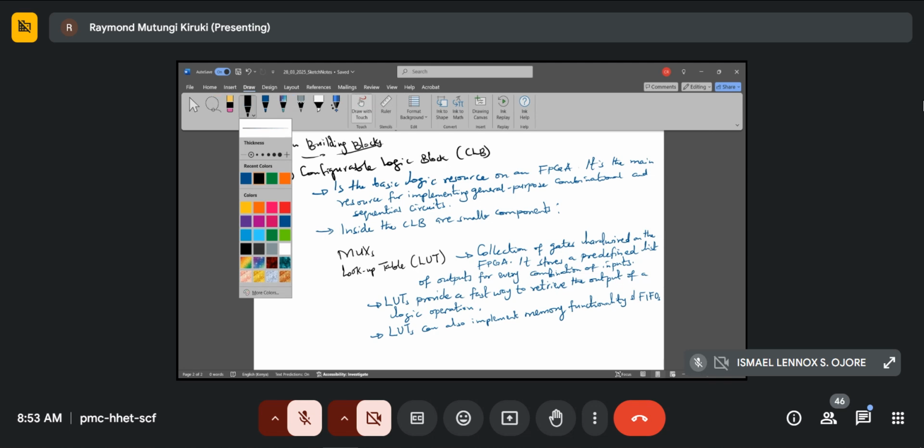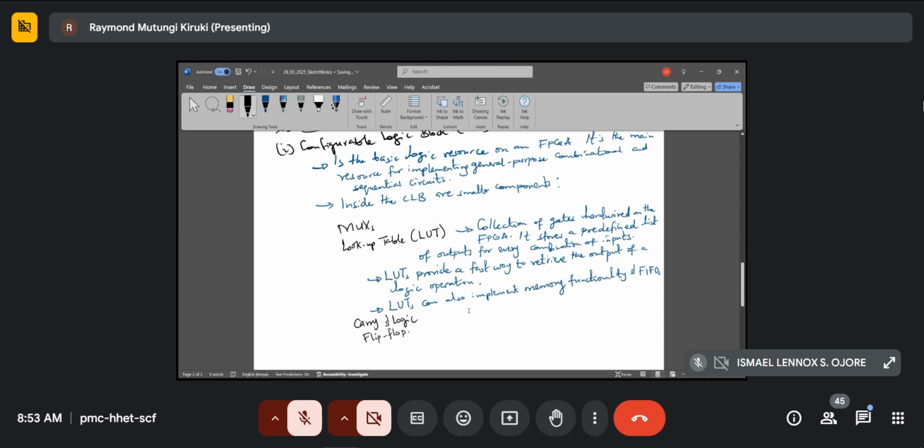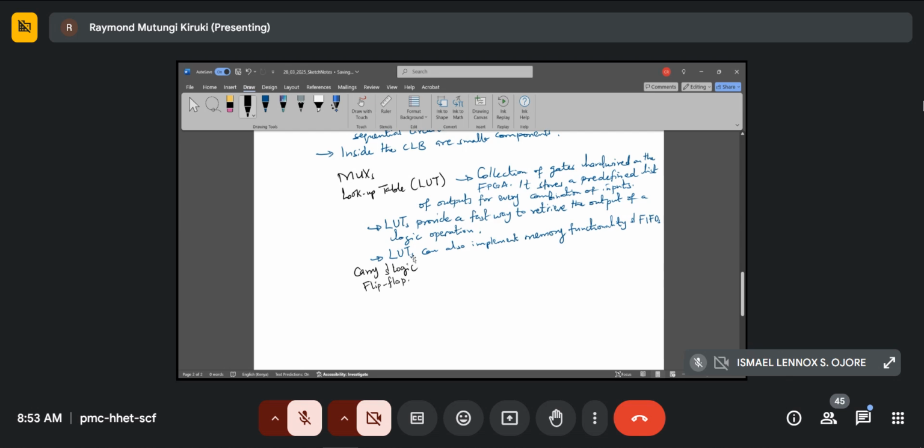So we have carry and logic, and we have flip-flop. And the flip-flop is the smallest storage resource on the FPGA.